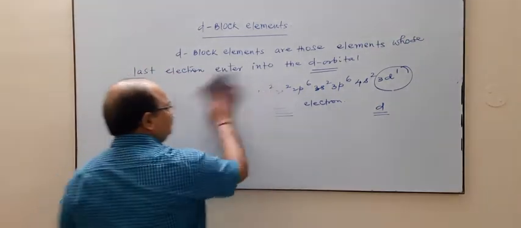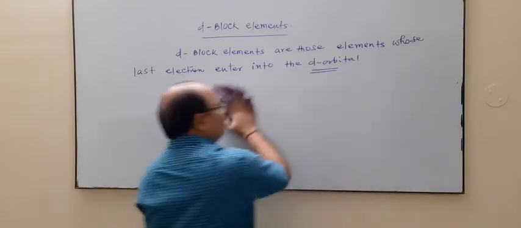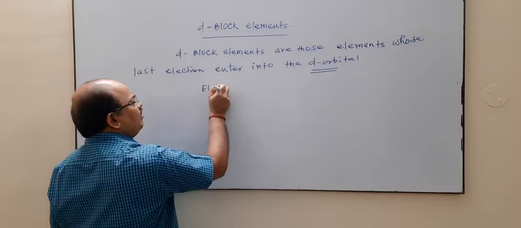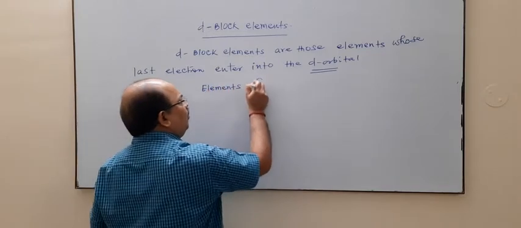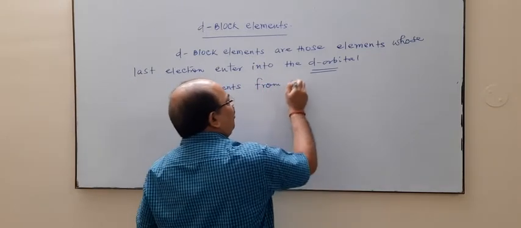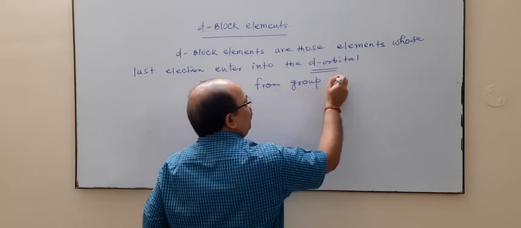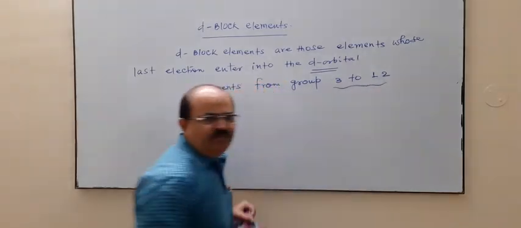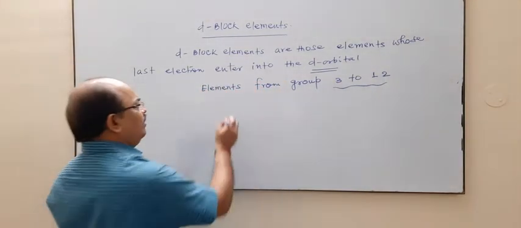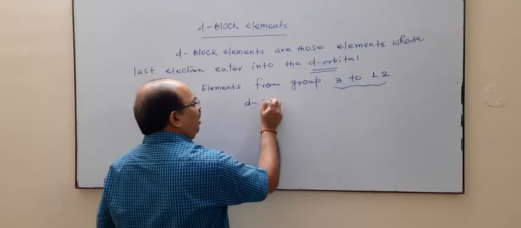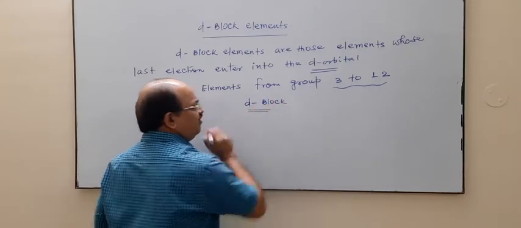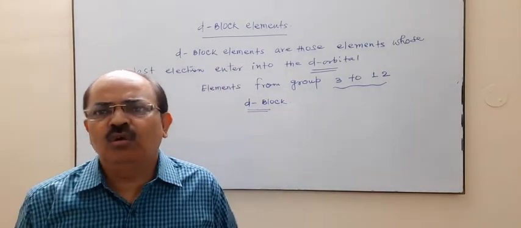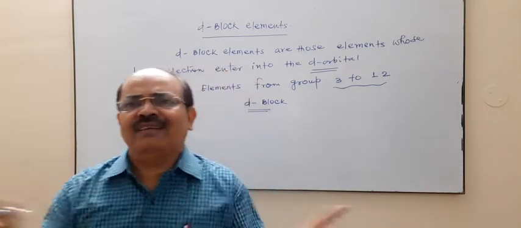Therefore, elements from group 3 to 12 are referred to as d block elements. 3 to 12 जितने भी एलिमेंट हैं उनको हम लोग d block element कहते हैं.